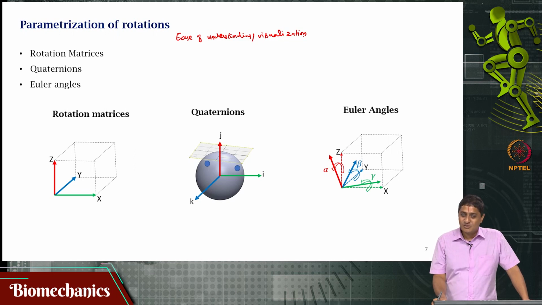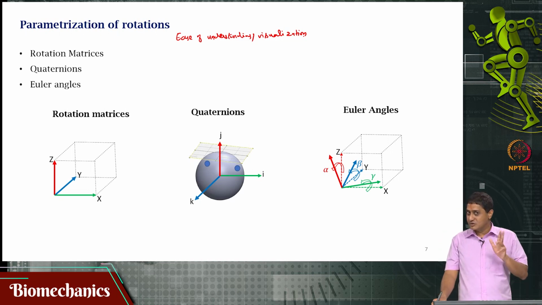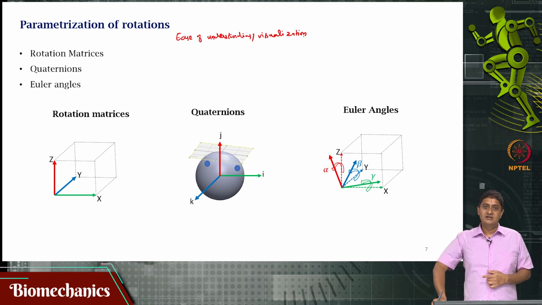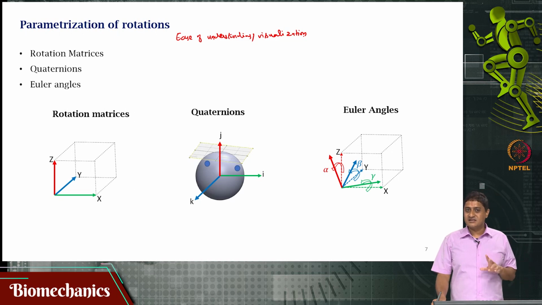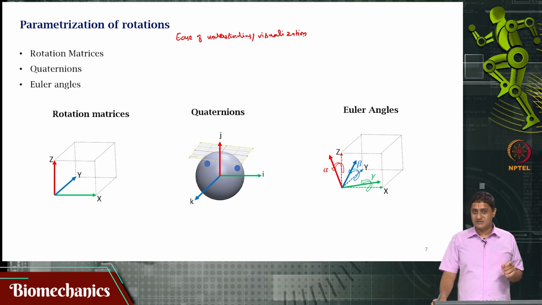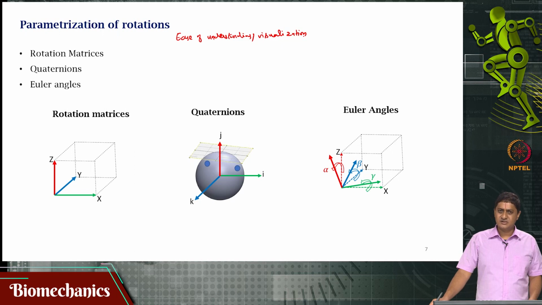That does not mean only those that are easy to visualize are necessarily the best methods. These are two different things. Obviously, we are keen on understanding, and we can understand, interpret and visualize angles better than something like quaternions. That does not mean that angles are necessarily the best method, because we will see the advantages and disadvantages of each of these as we go forward. So one is ease of understanding, ease of visualization.